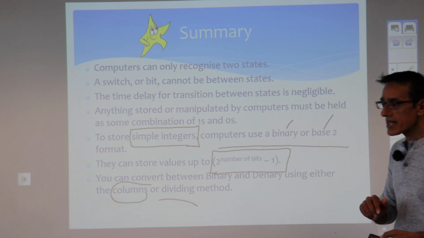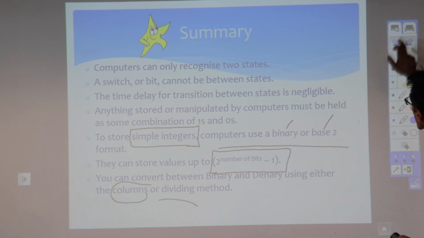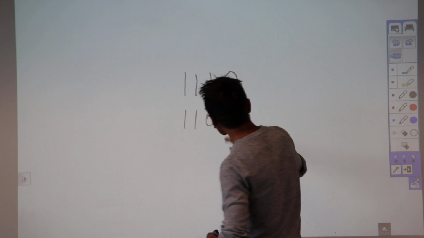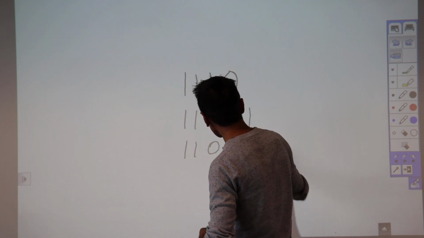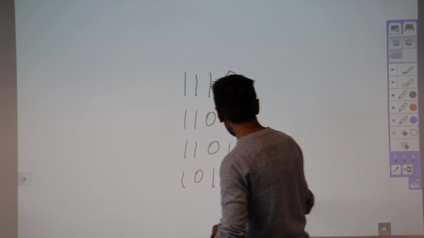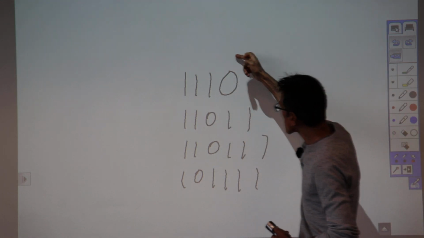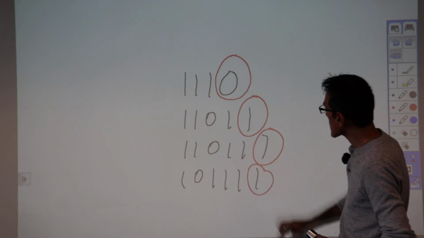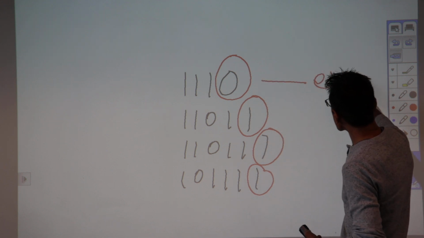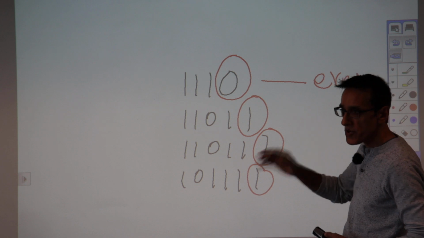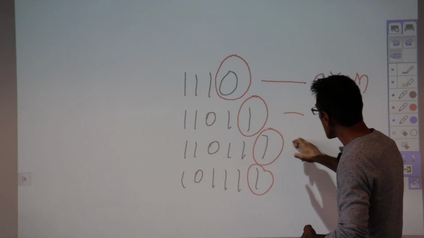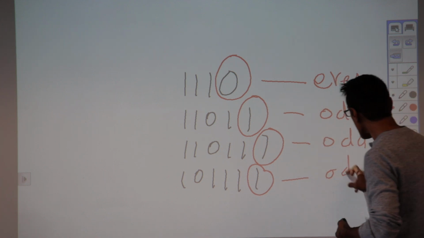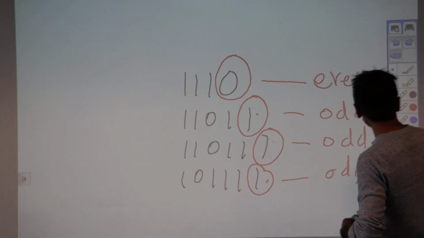And finally, if you were given some binary numbers, you can immediately identify by reading the last bit whether the number is odd or even. This here is an even number, in other words, divisible by 2 evenly with no remainders. These numbers are all odd numbers because the last bit is set to 1.